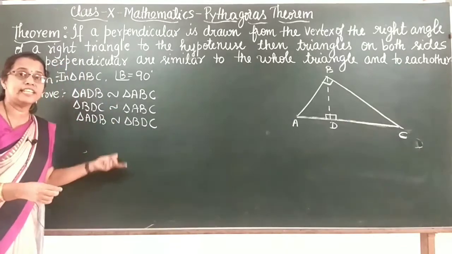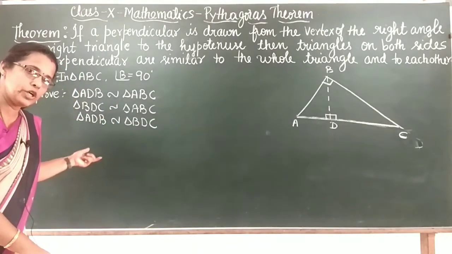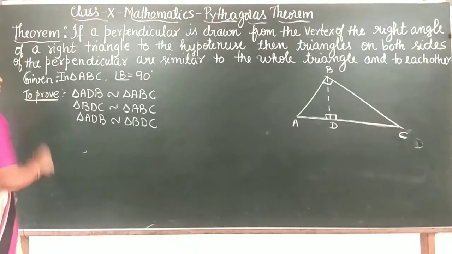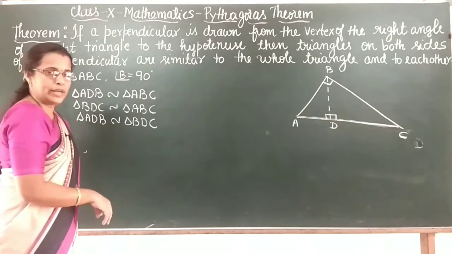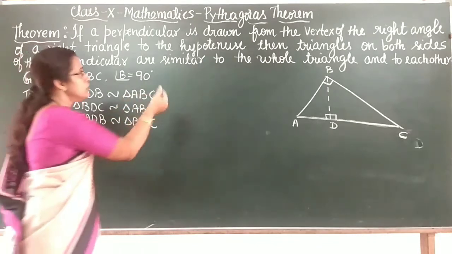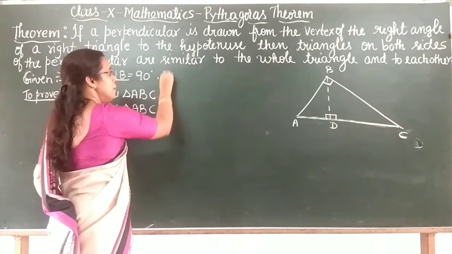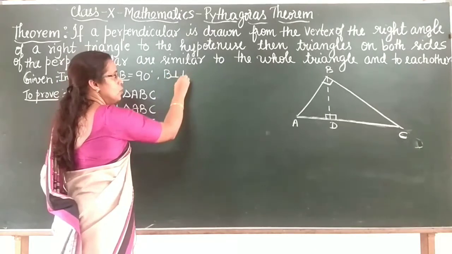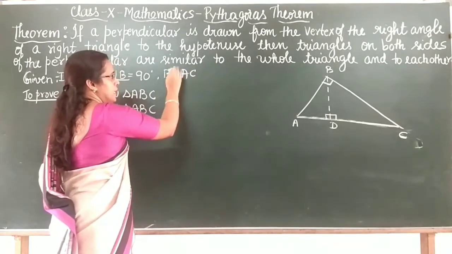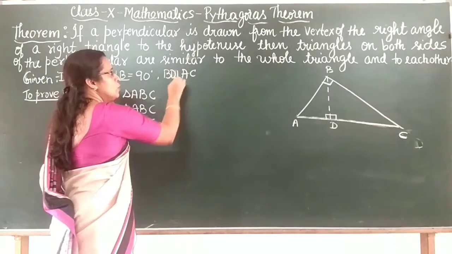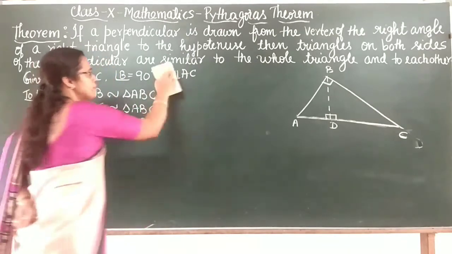These three things you have to prove. Is it okay? The perpendicular you drew is already given. So you can write here: BD is perpendicular to AC.